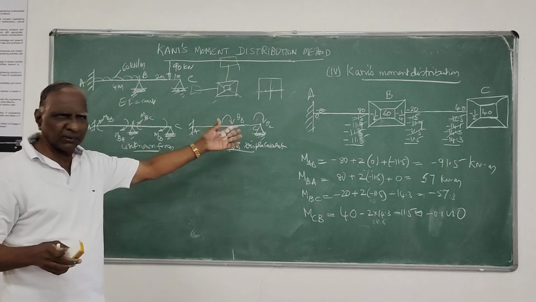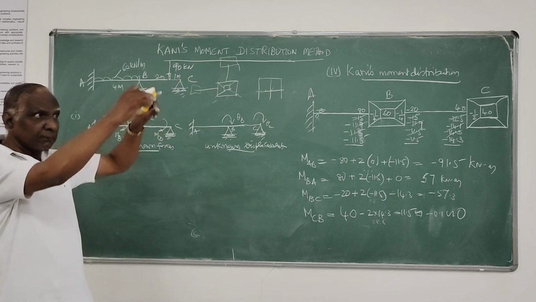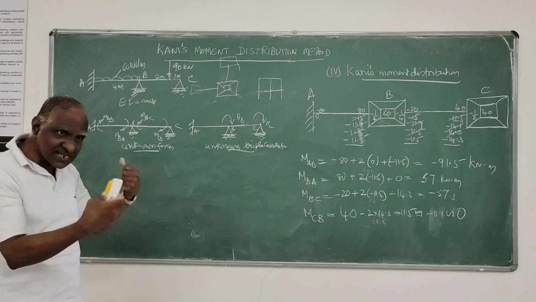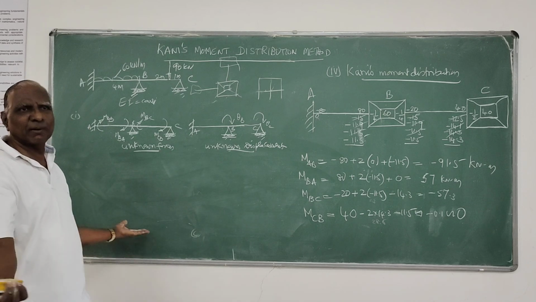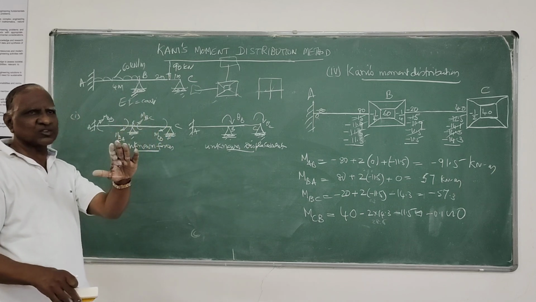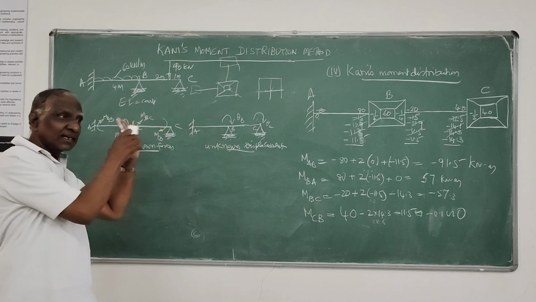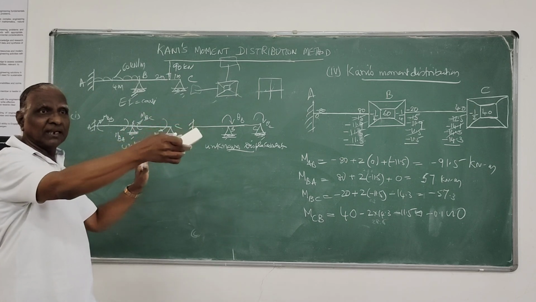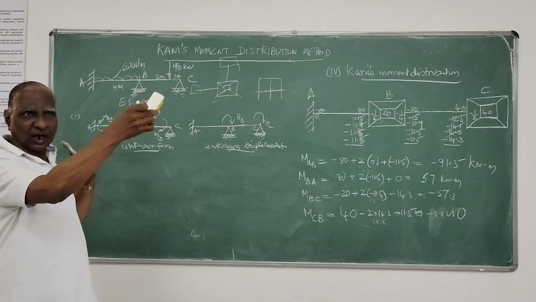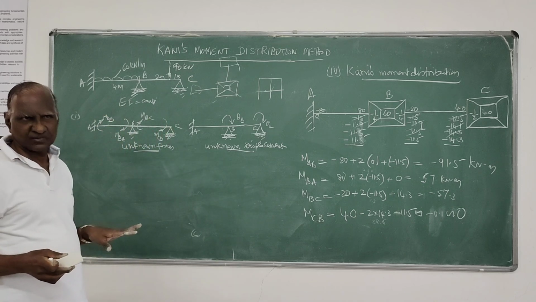Because it is a beam problem, sway will not be there in the beam, for the reason I told you: beam ends are always held perfectly at the bottom. Ultimately it is fixed. Only columns will undergo sway. In columns we may get this kind of thing, unless along that beam level it is fixed. Along that beam level if it is fixed, that will also not undergo sway.